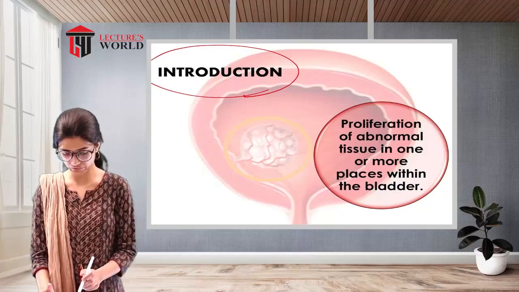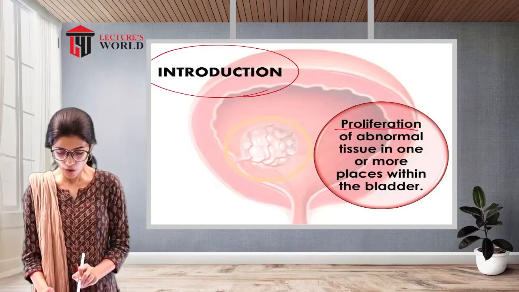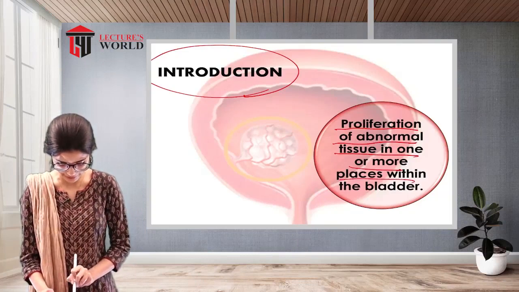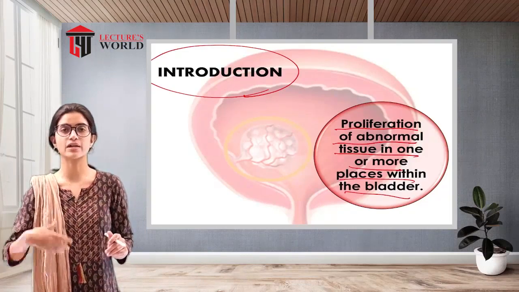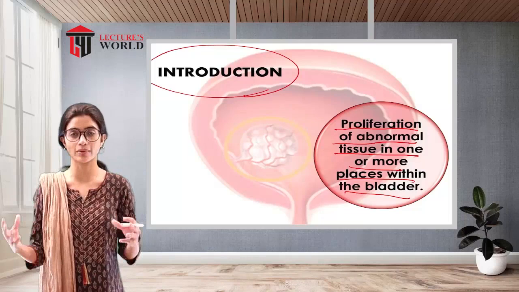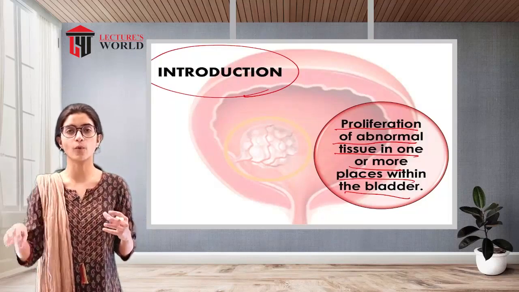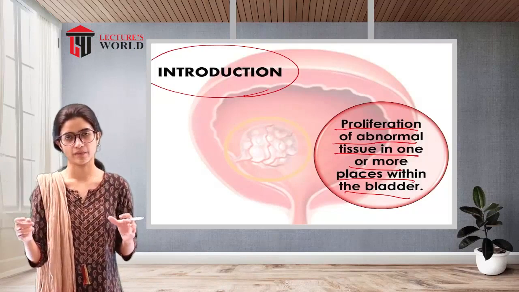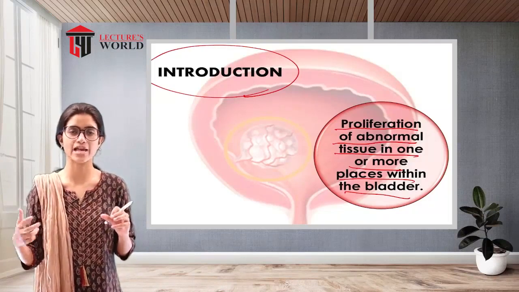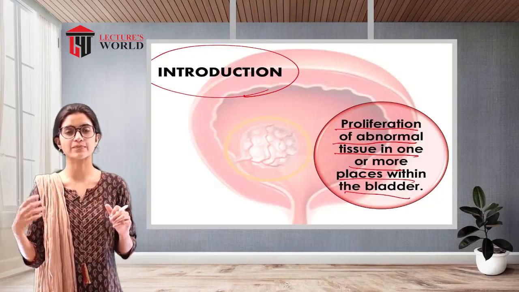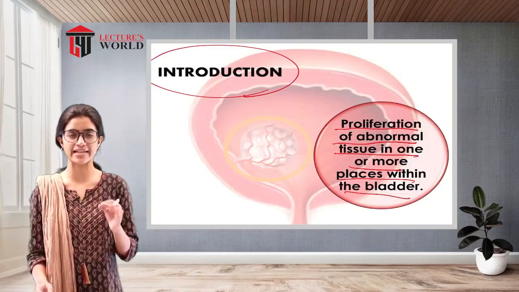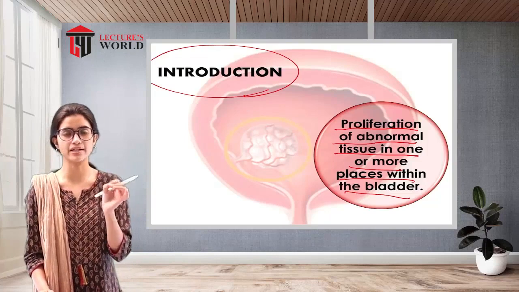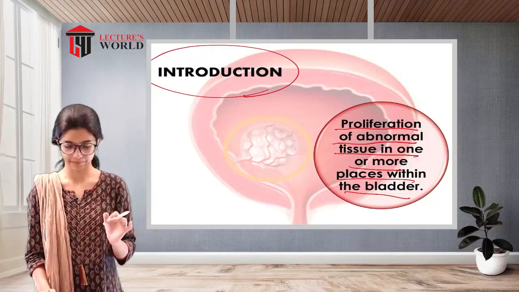Looking at the definition, it is the proliferation of abnormal tissue in one or more places within the urinary bladder. As the cancerous growth happens, the bladder is exposed to a variety of changes, and because of this, the normal functioning of the bladder starts to get affected.